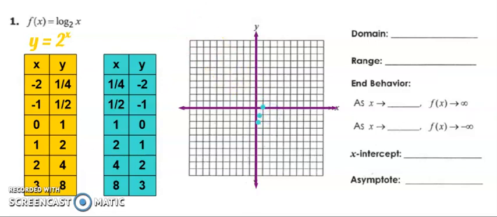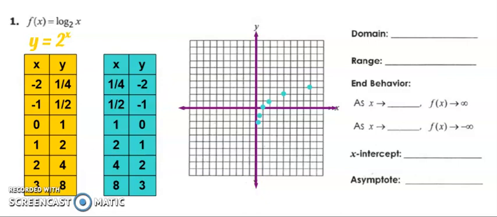Next point I'm plotting is 2, 1, right about there. 4, 2. I'm looking for 4, 2. 2, 3, 4. Right about there. And then the last one we have is 8, 3. So 4, 5, 6, 7, 8, and 3 right about there.